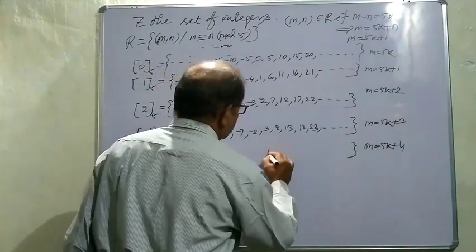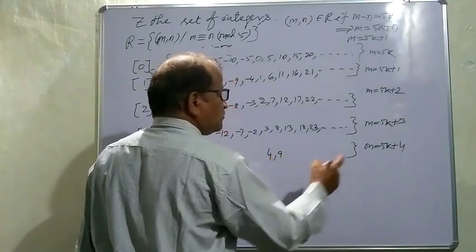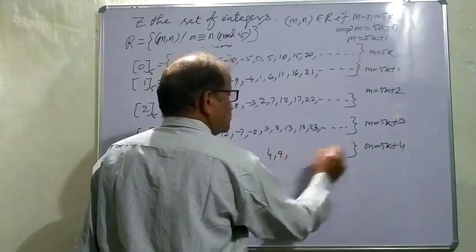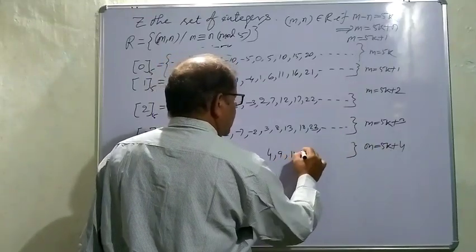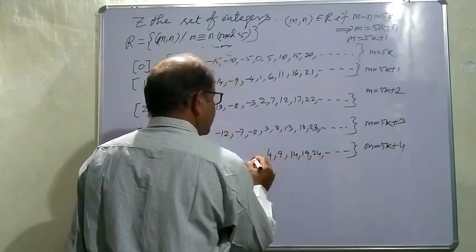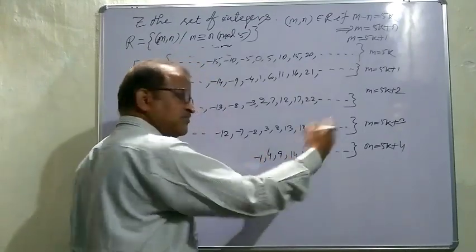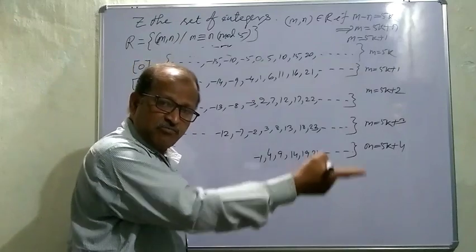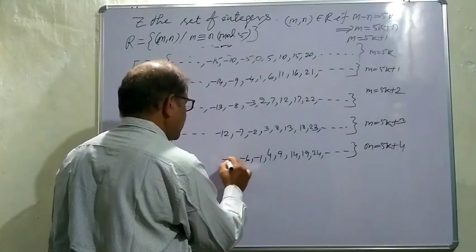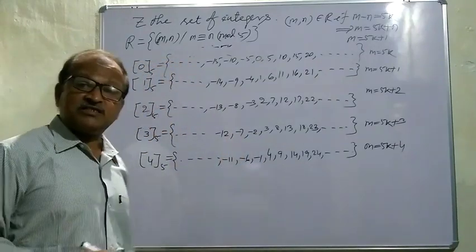Then for k is equal to 1, 5 plus 4, it is 9, 14, 19, 24 like this. And for k is equal to minus 1, minus 5 plus 4, it is minus 1, minus 6, minus 11 like this. This is the equivalence class of 4.